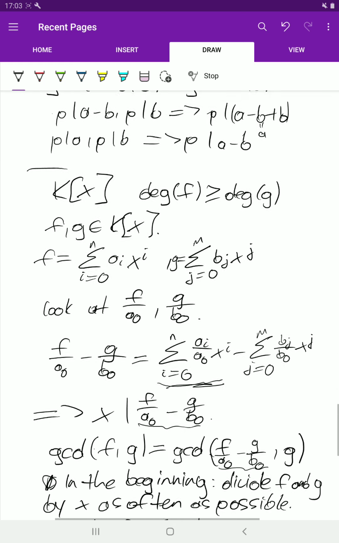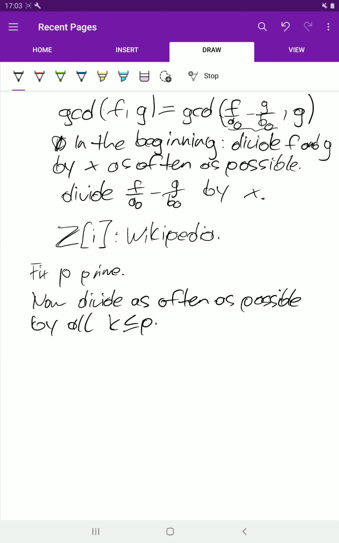So let me maybe write it down. If we have a, then we set a to a times a inverse times b modulo p.